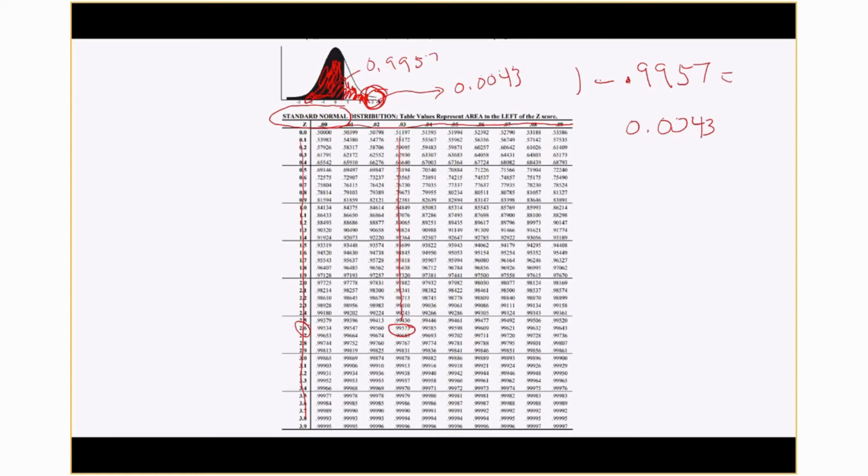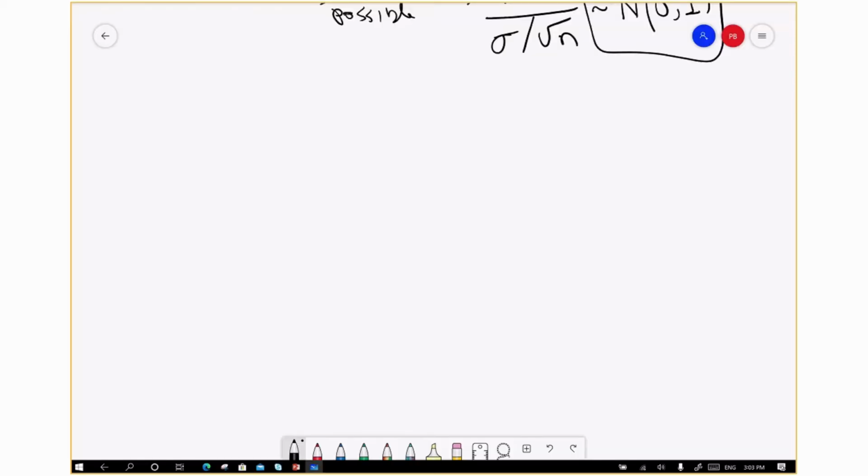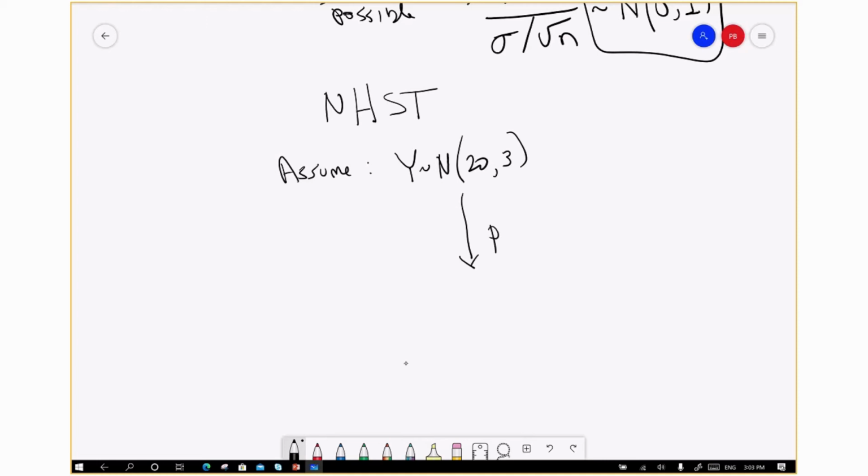Okay, so let's go back to the whiteboard. Let's think again about how NHST, null hypothesis statistical testing, works. We start off with the assumption that Y is normally distributed with mean 20 and standard deviation 3. And then we go through some perfect logic.